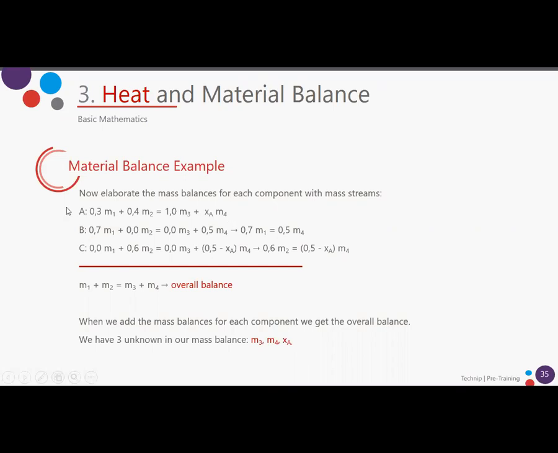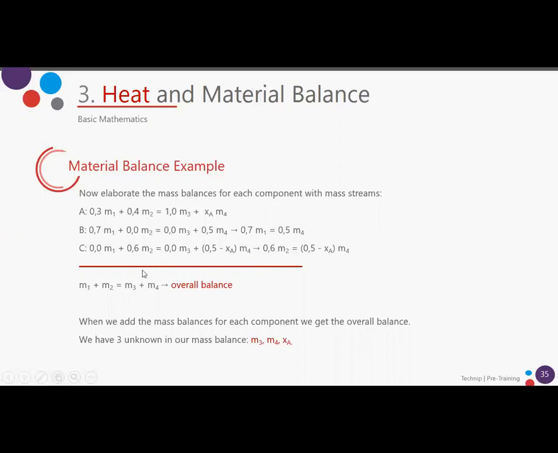And when we have elaborated the balances for each component, as a step to check if we did these three equations correctly, we can sum them up. So for example, 0.3 plus 0.7 plus 0 for stream 1 is 1.